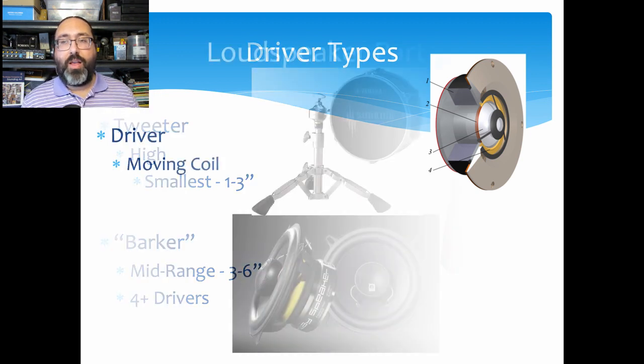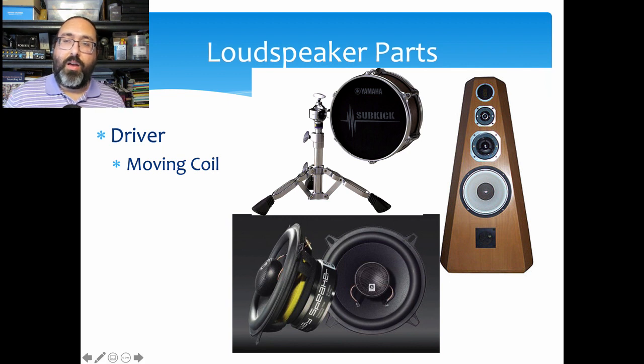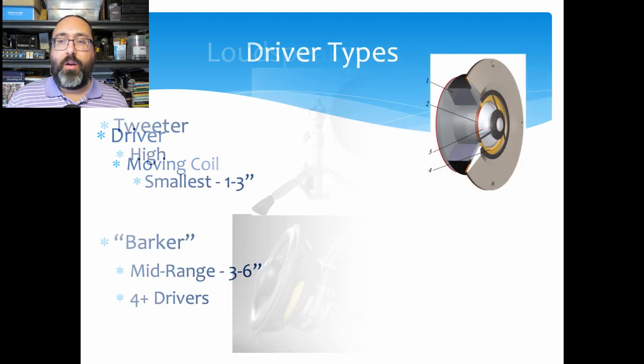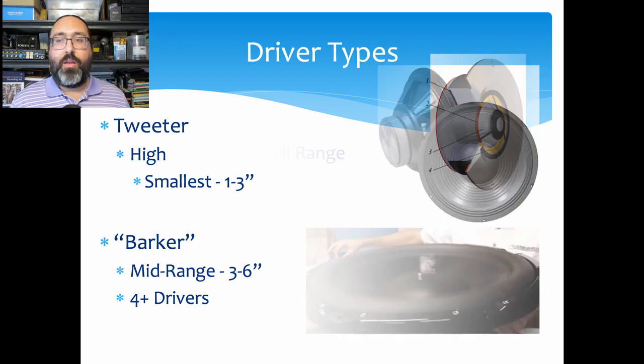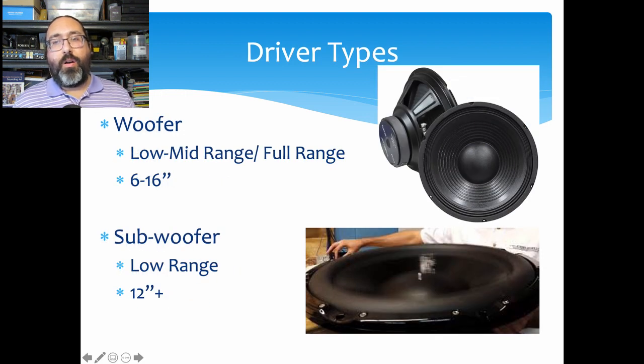So if we looked at our last slide, you see that speaker right on the right that has 5 drivers on it. That top one would be a tweeter, and then next would be a barker, and then the one below that would be a woofer. This is our low to mid-range driver. Normally these are full range drivers.